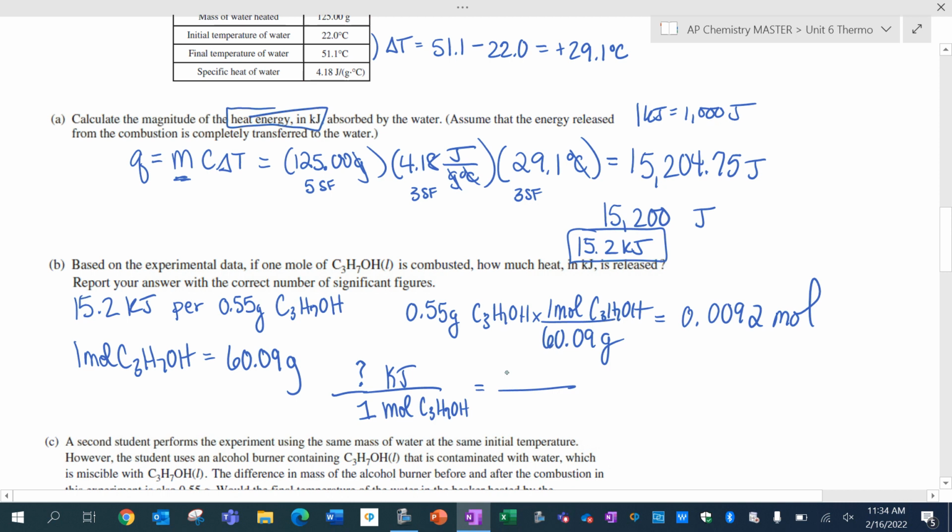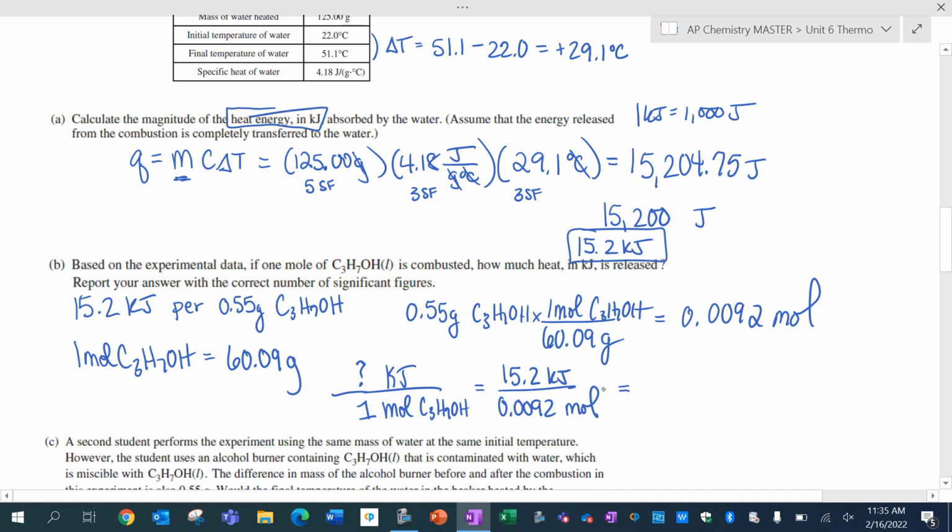What I observed is that when 0.0092 moles react, I released 15.2 kilojoules. So to find the energy per every 1 mole, notice I just take this number and divide by this number. So 15.2 divided by 0.0092 is going to give me the energy per mole.